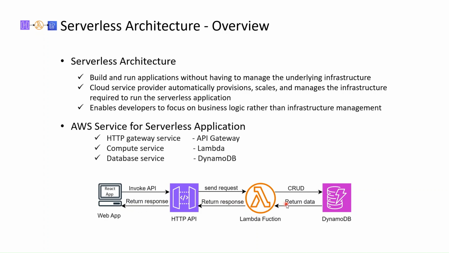The Lambda function interacts with DynamoDB for the CRUD operations, and DynamoDB returns the data to the Lambda function. In turn, the Lambda function returns the response to the gateway, and the gateway returns the response to the client.